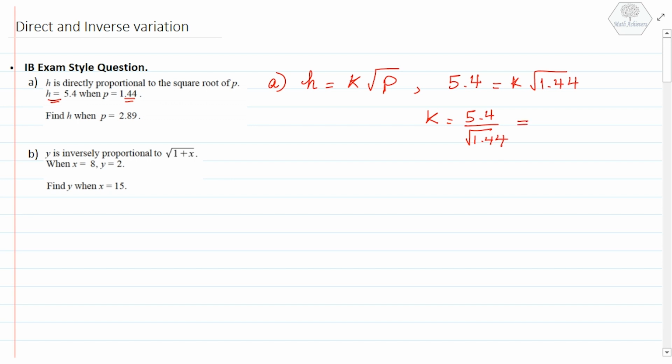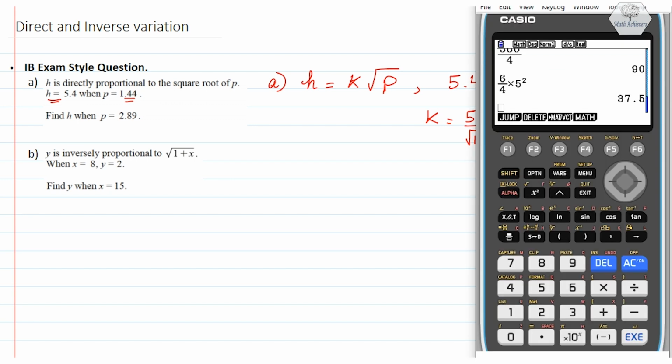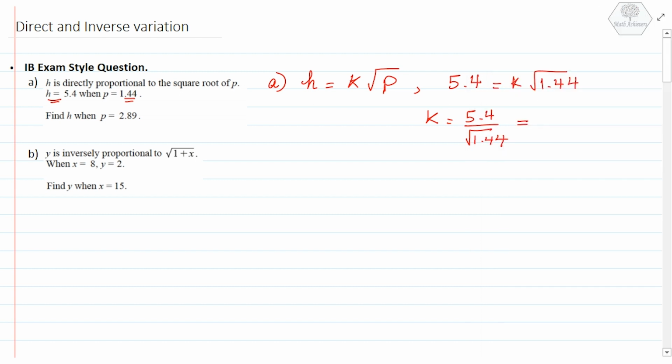Having K equal to, I have 5.4 divided by the square root of 1.44, and the value of K is equal to 4.5. So now I can find the value of H when P is equal to 2.89.